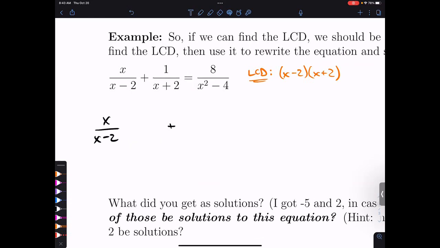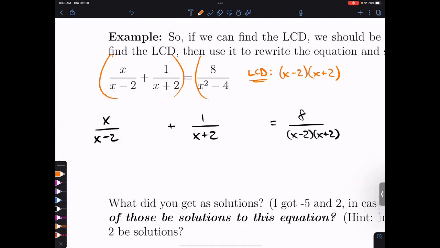Hang on, I want more room than that. And multiply both sides by that LCD.